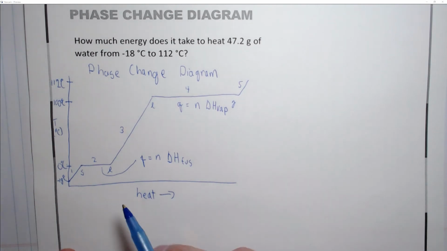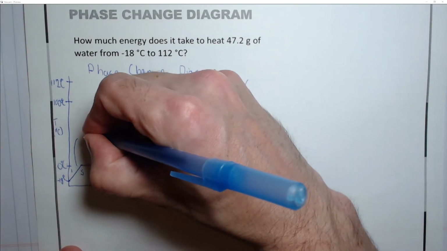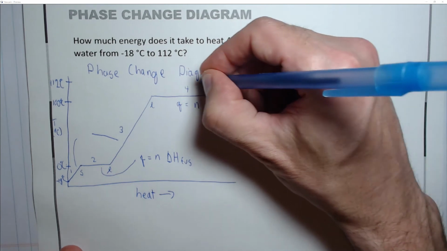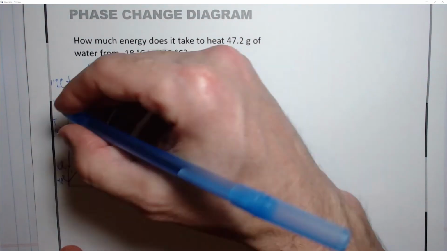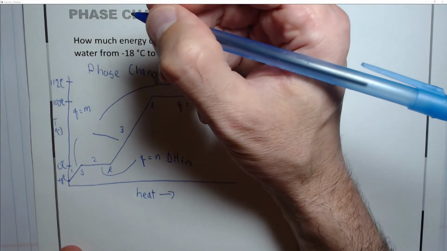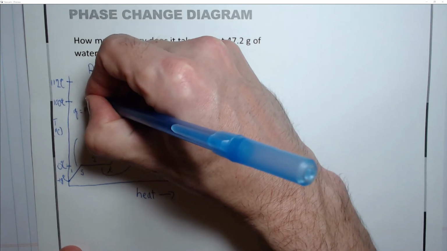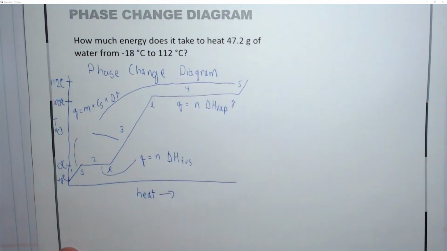Believe it or not, you actually know the formula, and it's the same formula, for segments 1, 3, and 5, the sloped parts where the temperature is changing. And that is Q equals M, the mass of the water in grams, times the specific heat capacity times the change in temperature.